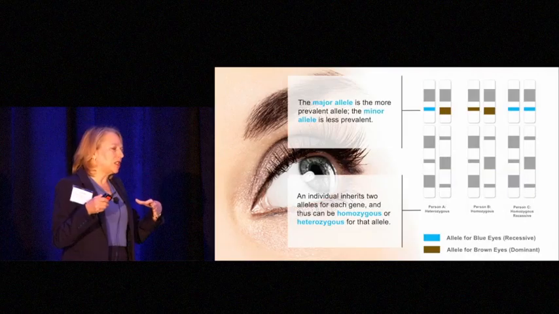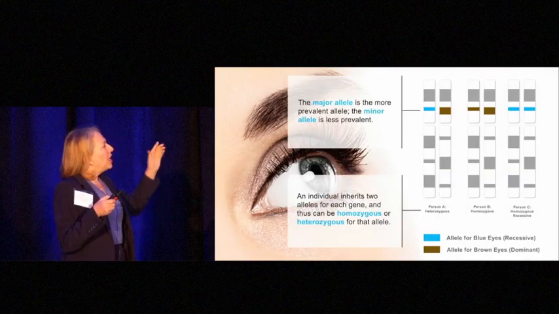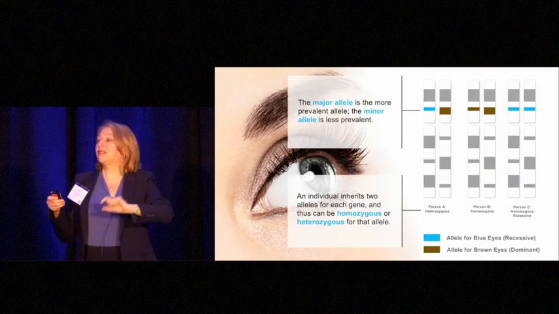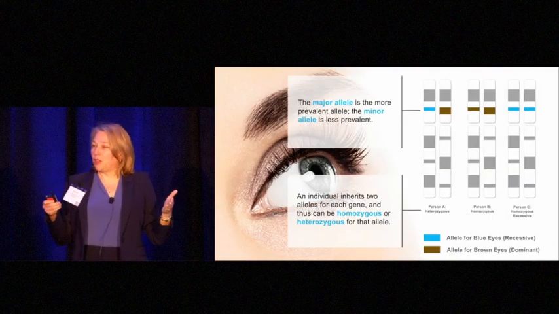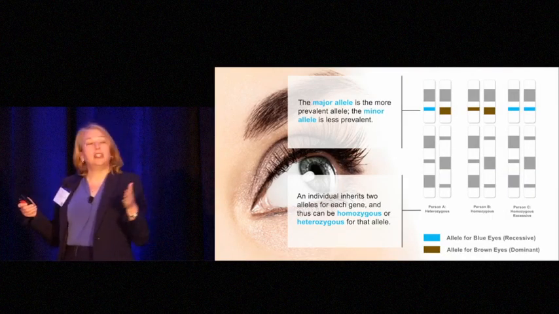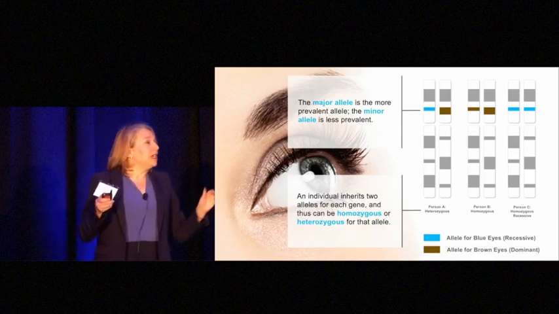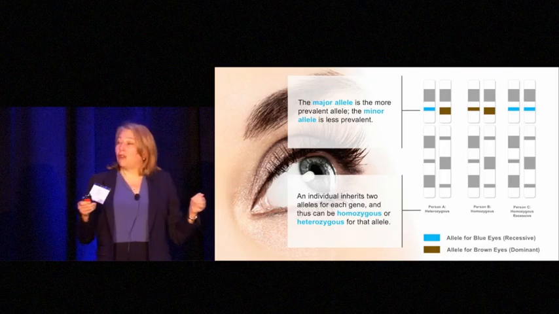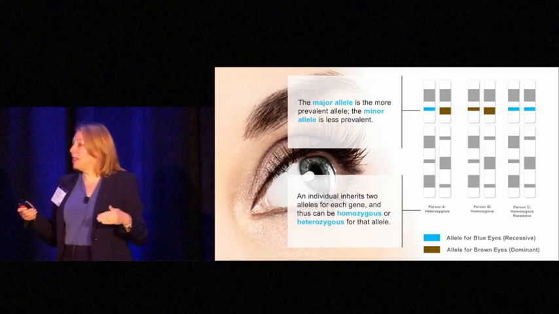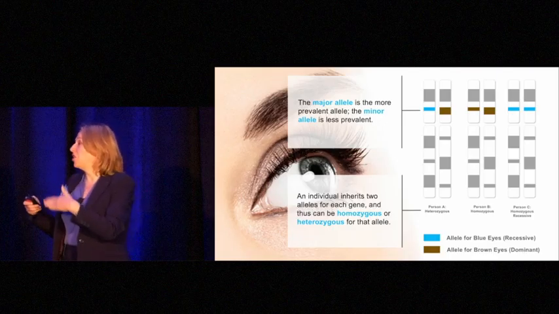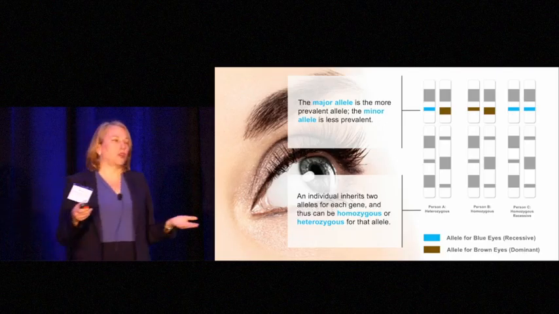So this is getting closer to SNPs, because the difference between blue eyes and brown eyes is a SNP. The reason I want you to know the term allele is you're going to hear major and minor allele used. The major allele is the one found in more than 50% of the population, and the minor is the one found in the smaller proportion.